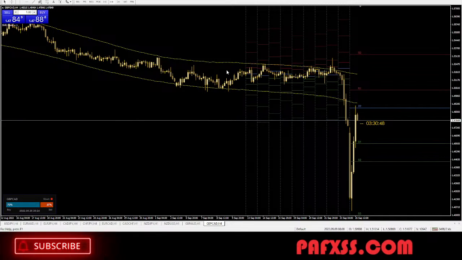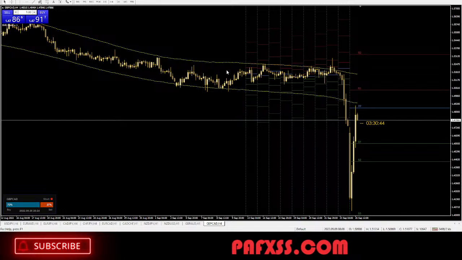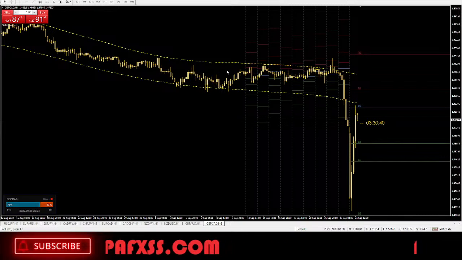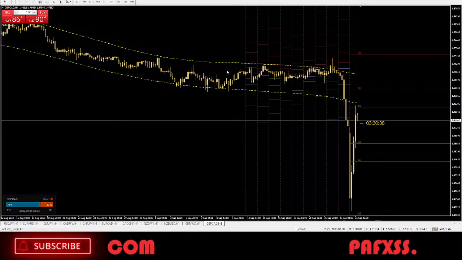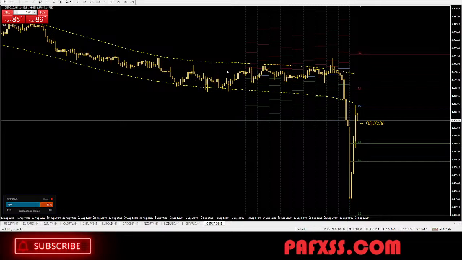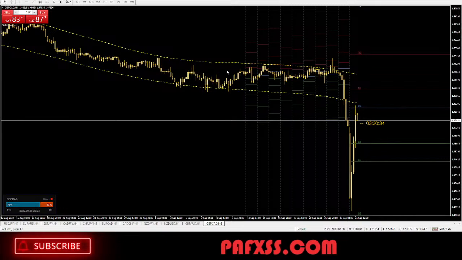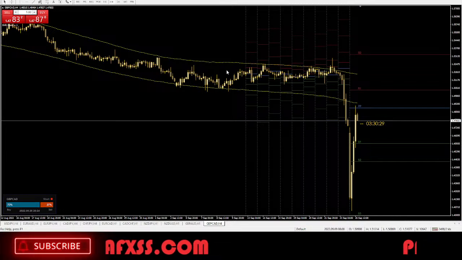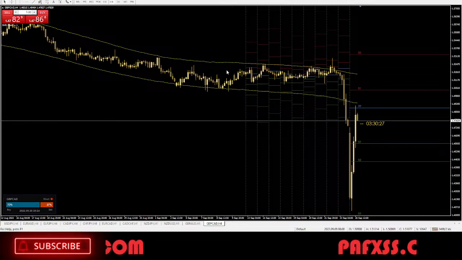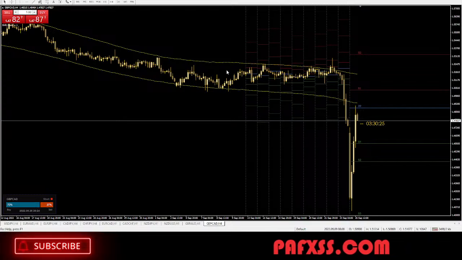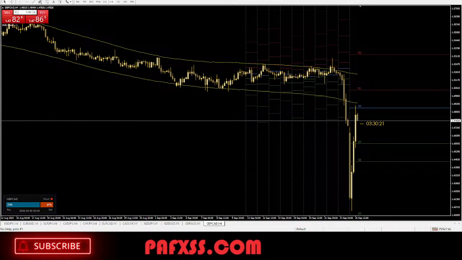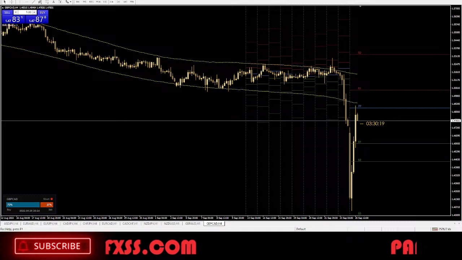But with the PAFXSS Insider Technique, you're not going to have this kind of problem, because we don't trade with the mass. We trade with the market makers. We don't trade with the majority. We go against everybody. That's how you make money in Forex, because most people are losing money.